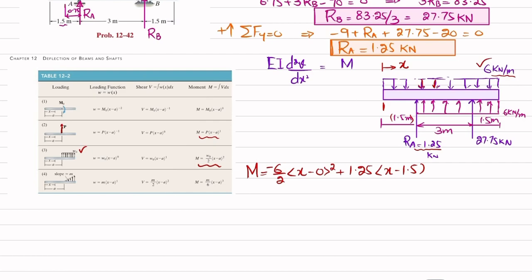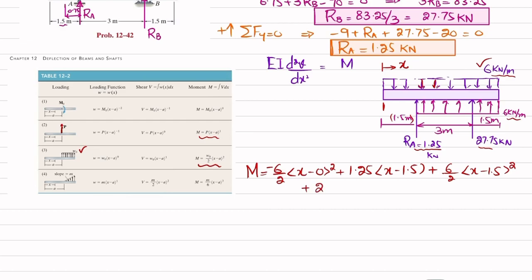Okay. The third one will be this uniformly distributed load, which is acting upward. Now this is acting at a distance of A from this end. So I will write the moment function will be plus W naught over 2. W naught is 6. So 6 over 2 into X minus A. A is 1.5 times square. Clear? And the last thing is 27.75 kilonewton.